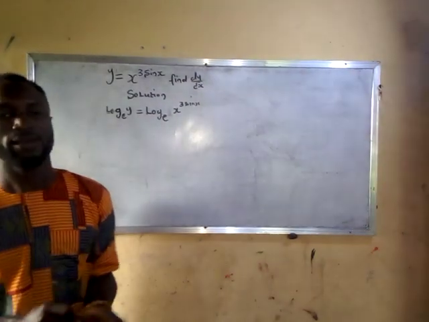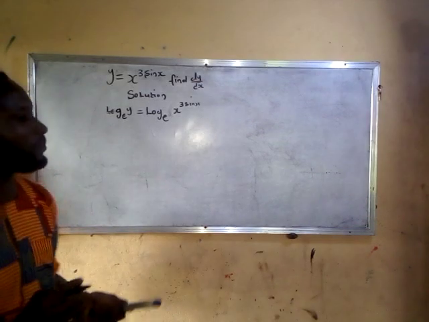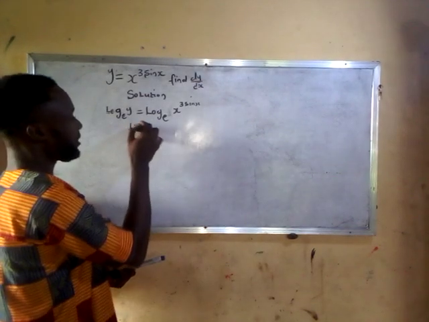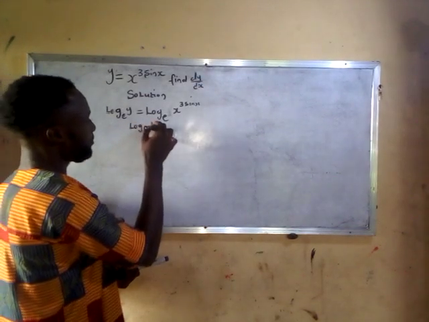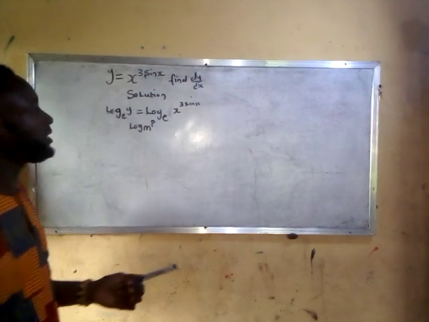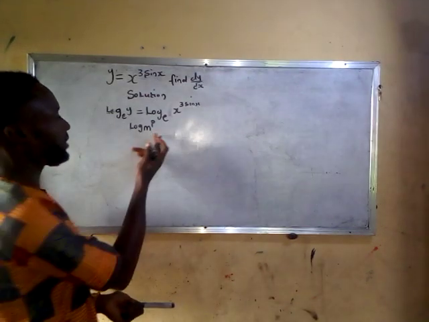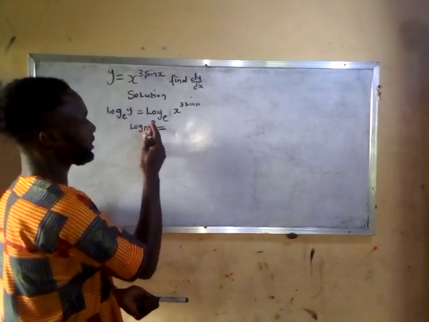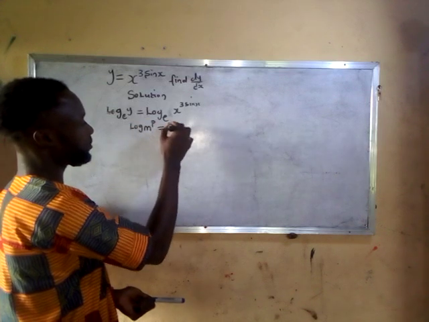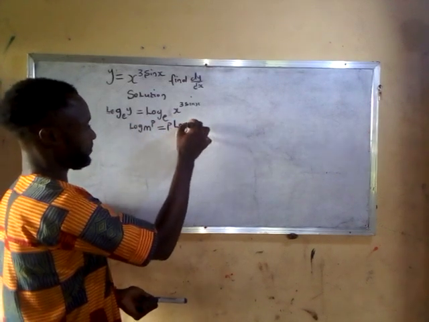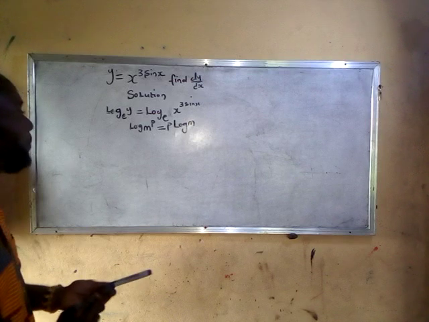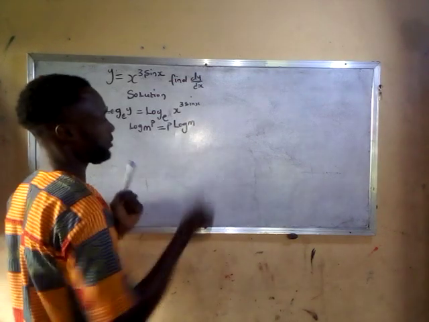And if we look at my last video, there is a law in log that says the power will go in front: log of m^p is equal to p log m. So I'm going to apply this law. Let me just write the law.